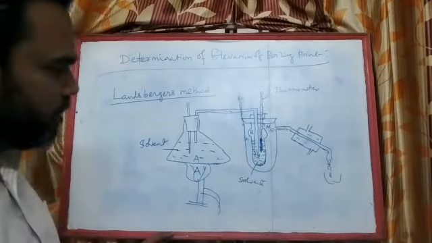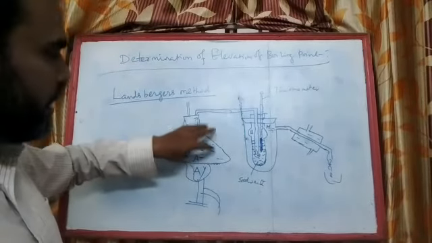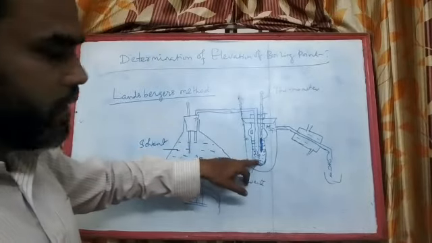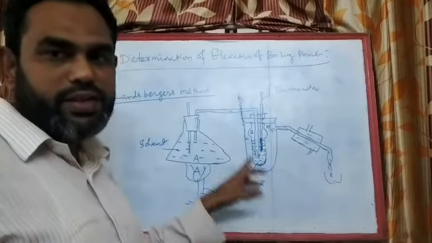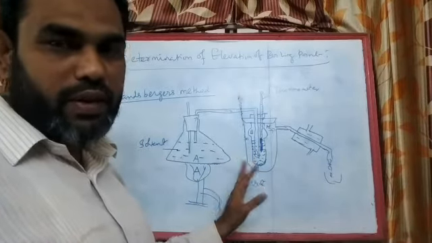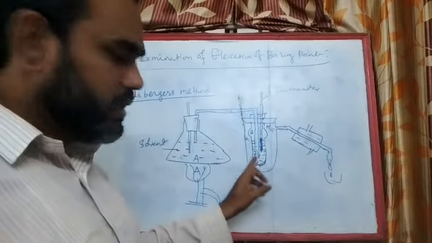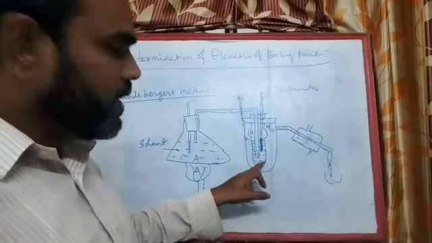So how to perform the experiment? First take up the solvent, heat up the solvent, and the solvent passes through the U tube. It gets condensed. The latent heat of condensation of the vapor is helpful to heat this solvent again.